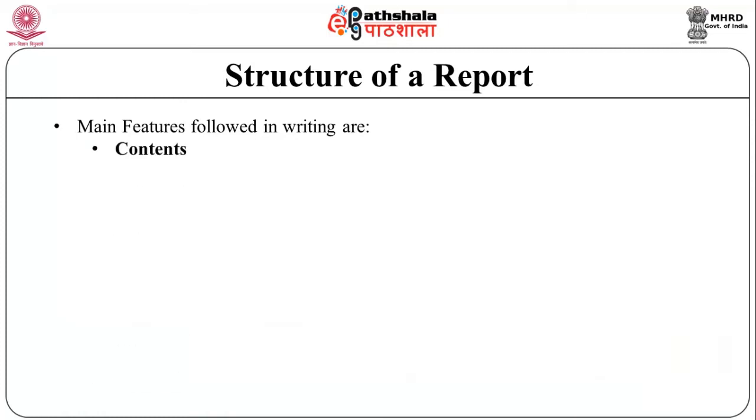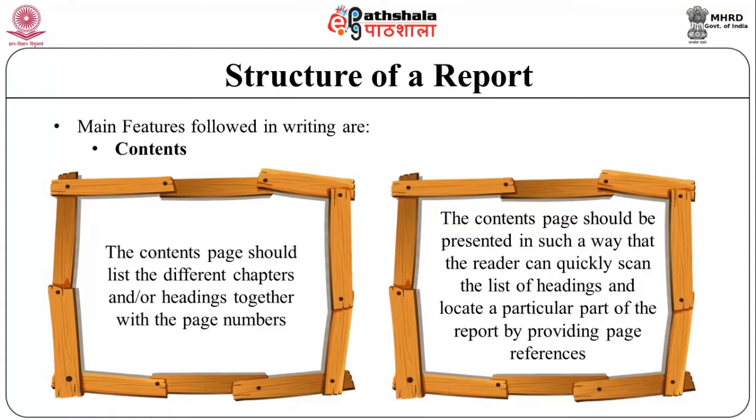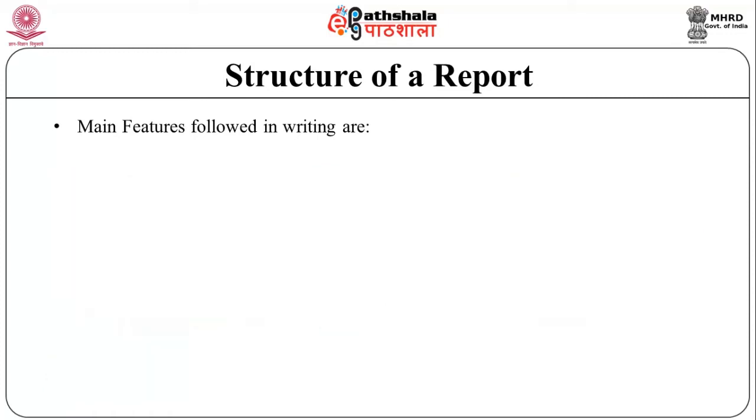Then comes contents. The contents page should list the different chapters and headings together with the page numbers. It should be presented in such a way that the reader can quickly scan the list of headings and locate a particular part of the report by the page references.